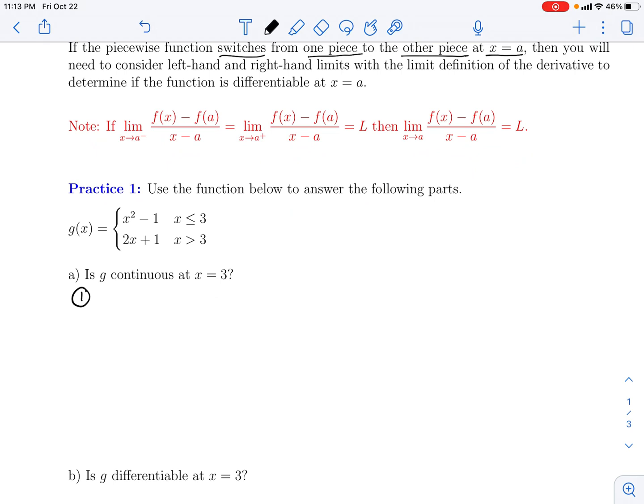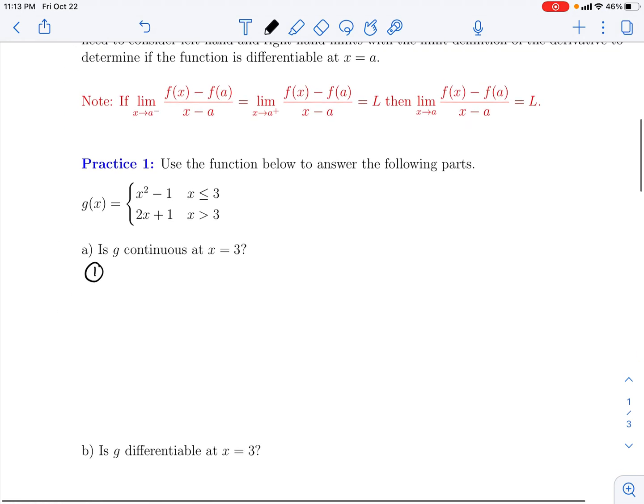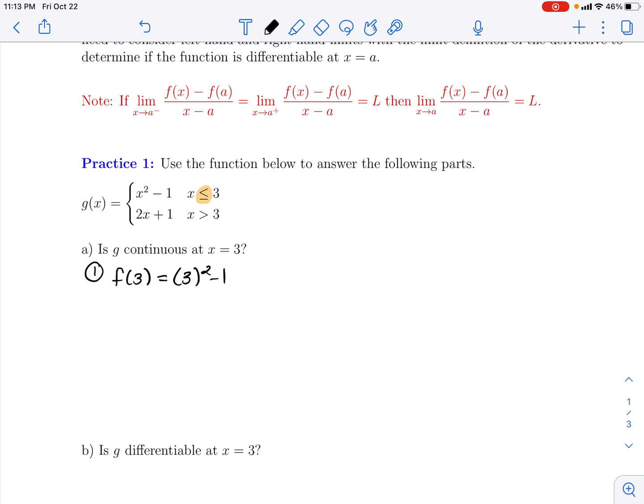I should be using the top piece for f of 3, because of the sign less than or equal to, where it has that bar under it for equals. So f of 3 is equal to 3 squared minus 1, which is 8. I'll put a check there to show that the function is defined at x equals 3, because when I plugged in 3, I got out a number.